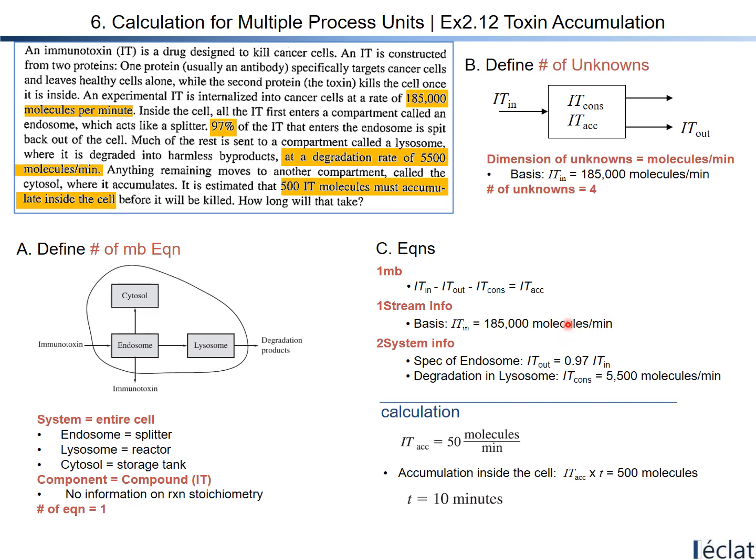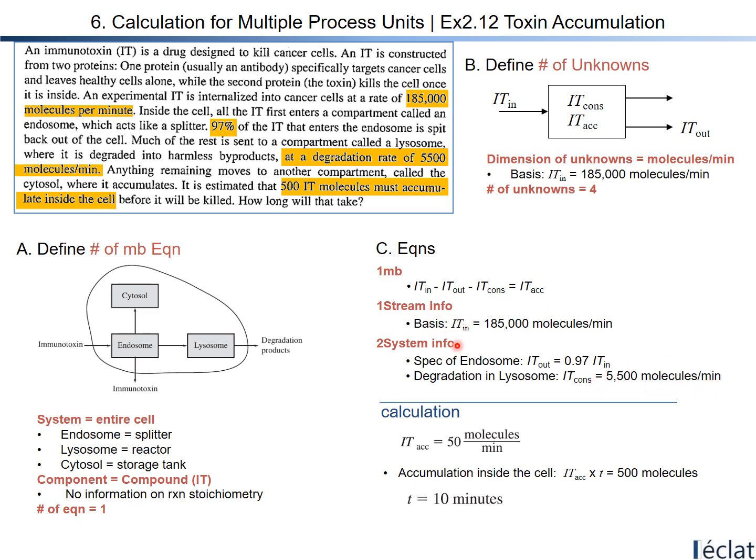Also, we could find 2 system performance specifications. One of them is for the endosome. The other thing is about the lysosome. So 97% of input is going out of the cell. Also, here is the degradation speed, 5500 molecules per minute.